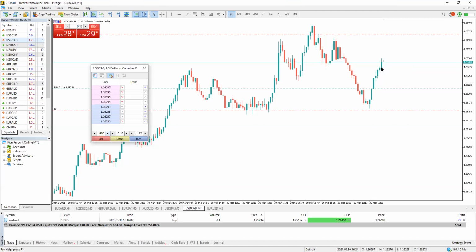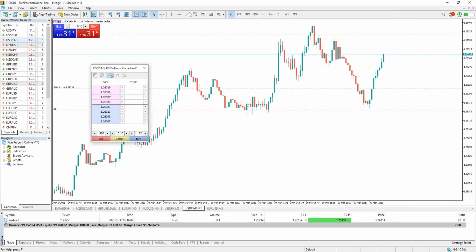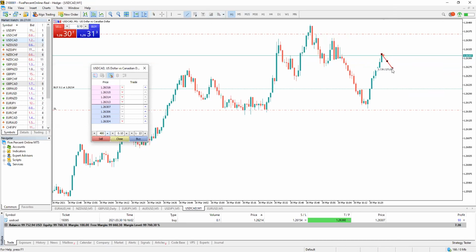Those overextension moves tend to end. It's very unlikely to see this just keep going. So for this to continue up and up, I expect to see either a sideways movement and then a continuation, or a pullback, a retracement, and then a continuation. Or of course the unlikely movement, which is what's happening now.